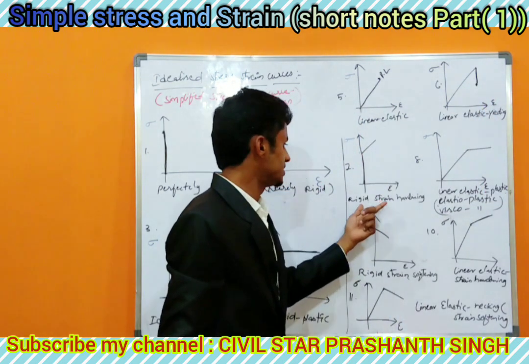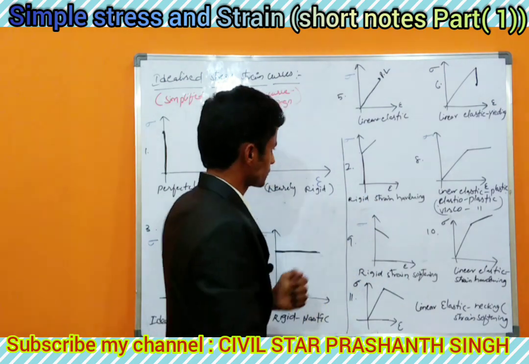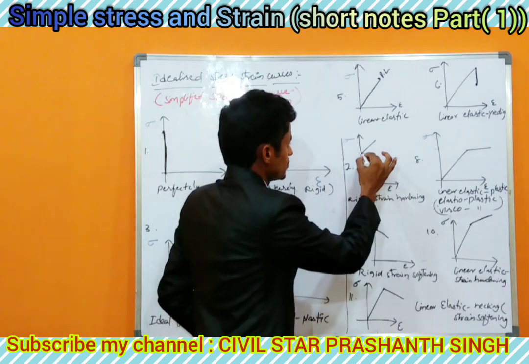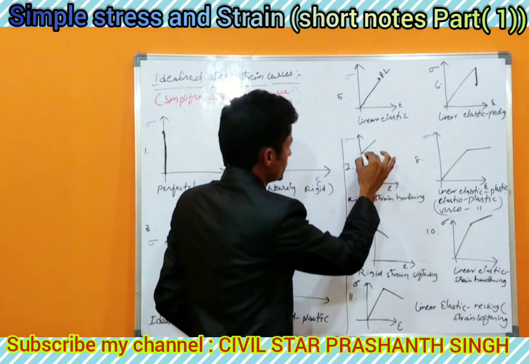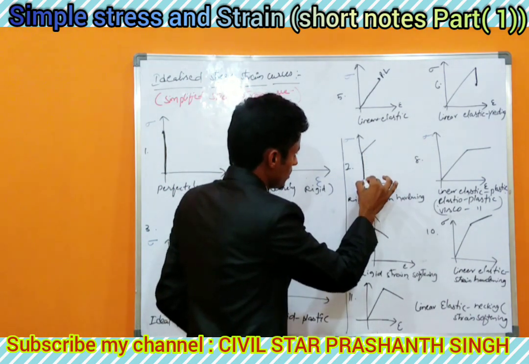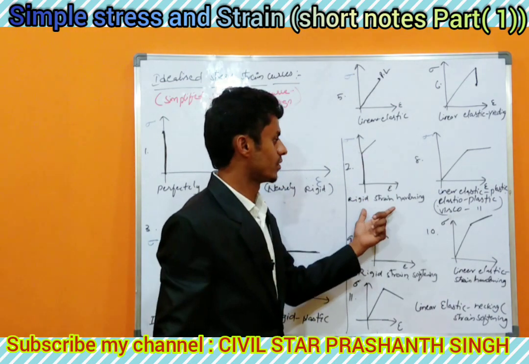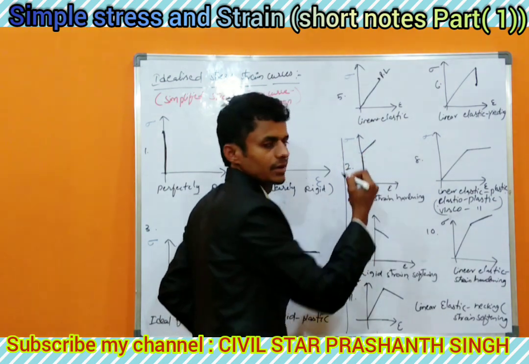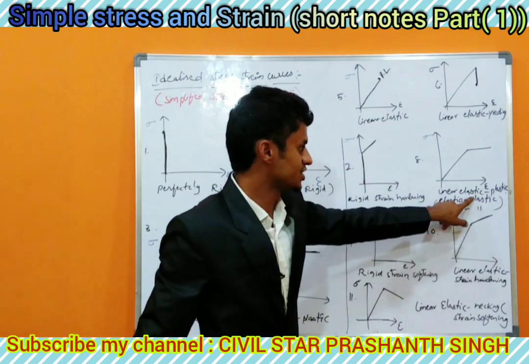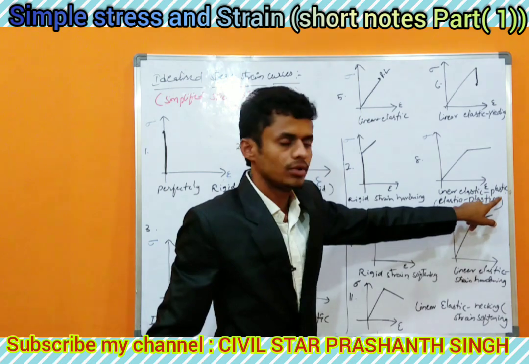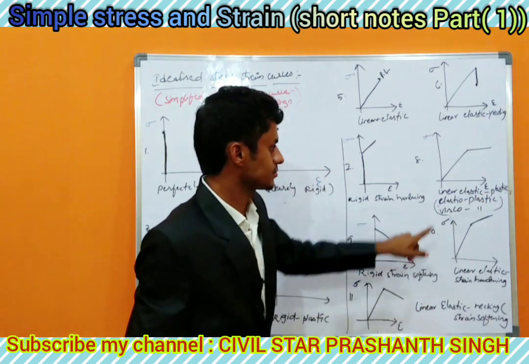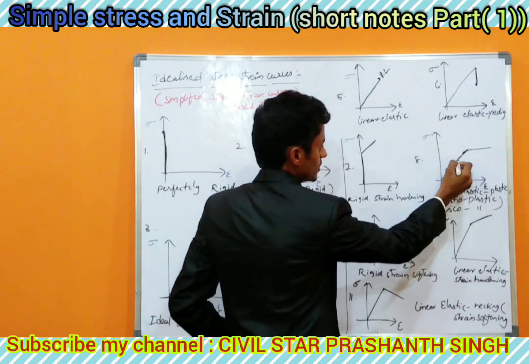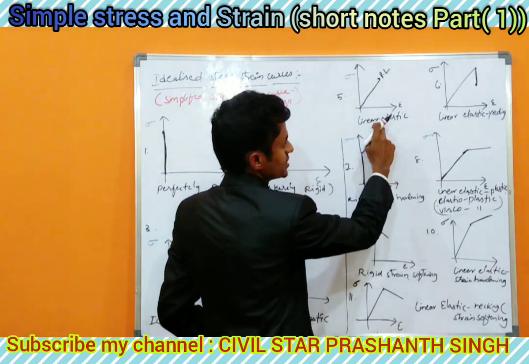Next one, rigid strain hardening. We assume the y-axis as rigid. Rigid strain hardening is nothing but, from the y-axis, we get an inclined line. Next one, linear elastic plastic. Linear elastic up to here, we know that graph.